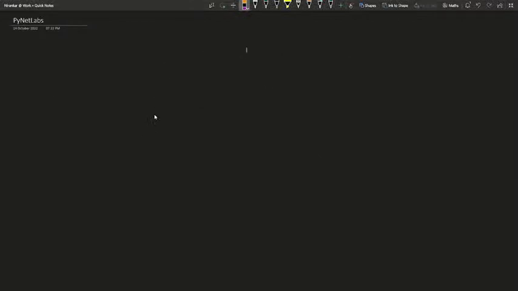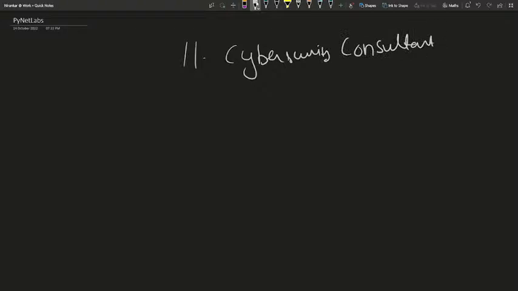So, again, there's the last role but two, which is cybersecurity consultant. Now, this is an entry level job. These people are fully versed in cybersecurity keywords.